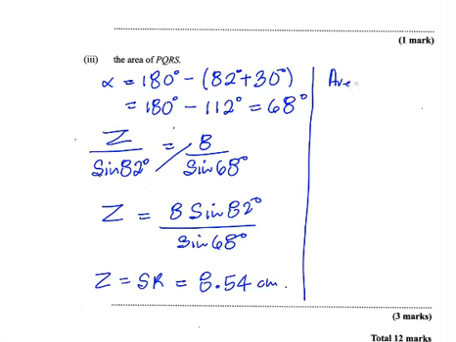Now, the area of PQRS would be equal to a half the sum of the parallel sides, which are 6.93 plus 8.54. All right, so I've sort of run out of space.